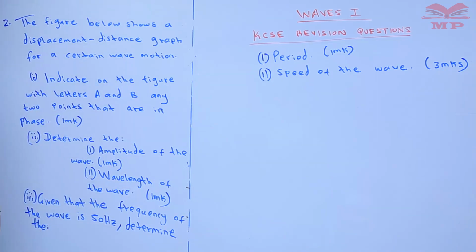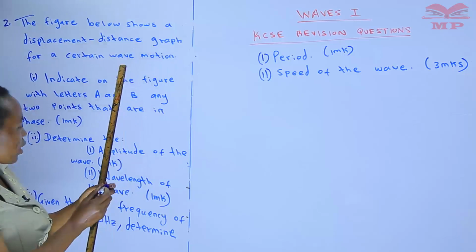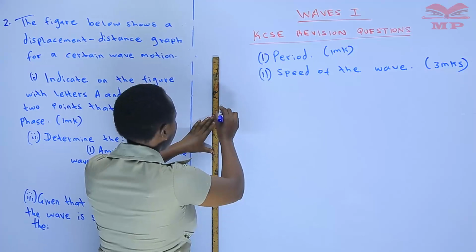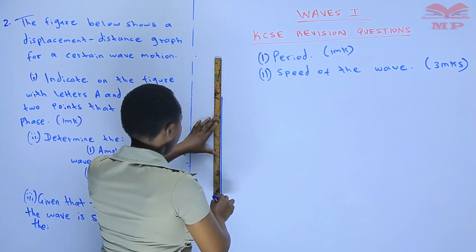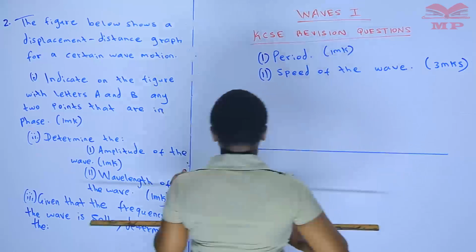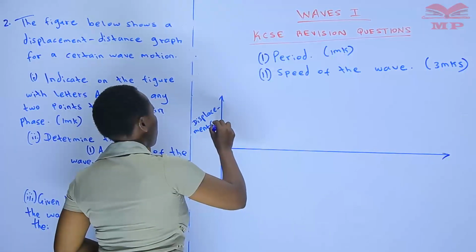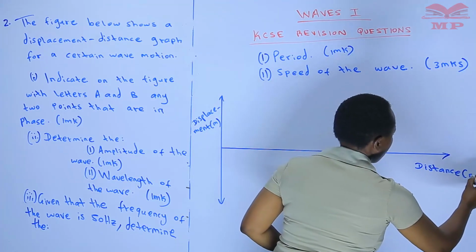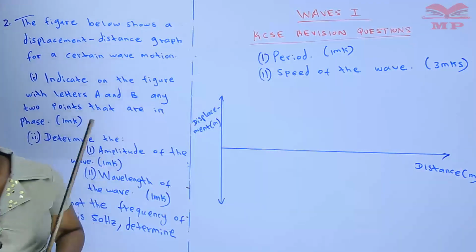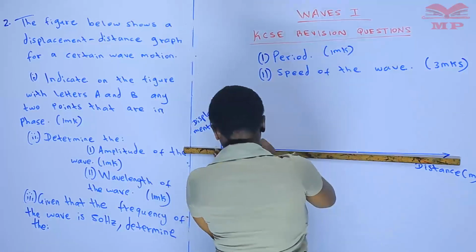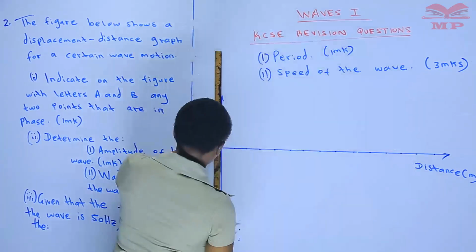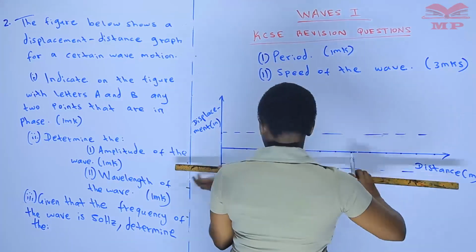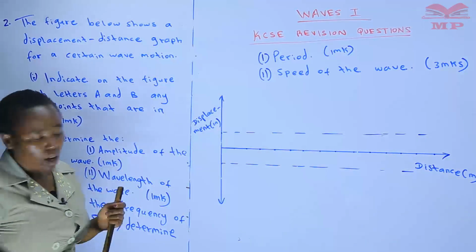So we are going to have the wave here so that you can determine all those that are in question from it. So it is a displacement distance graph. It's in meters. Distance is also in meters. So this is what we have for our wave.